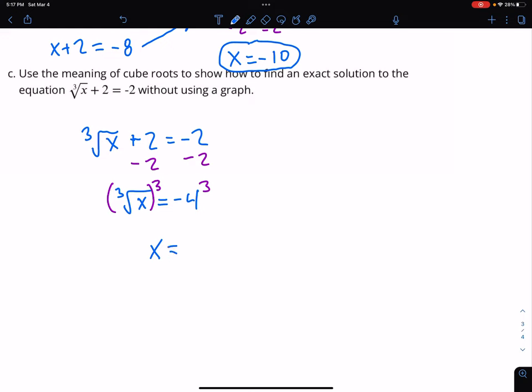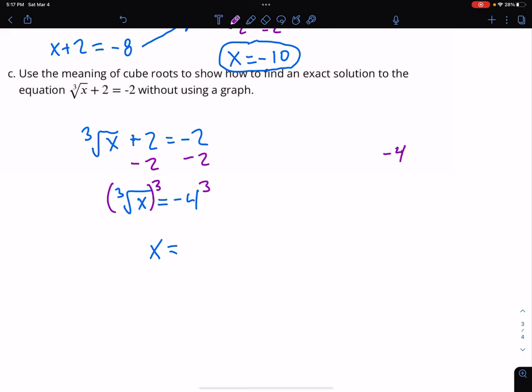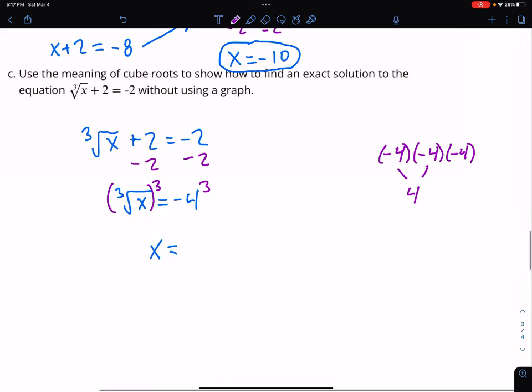What is negative 4 to the power of 3? Negative 4 times negative 4 times negative 4. Well, look at this. Negative 4 times negative 4 is positive 16. That's why anything with an even exponent comes out positive, regardless of whether it was positive or negative.